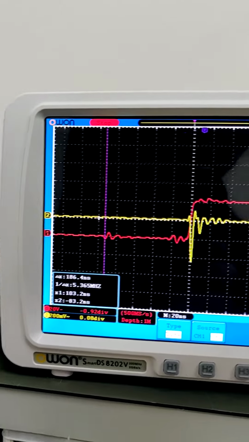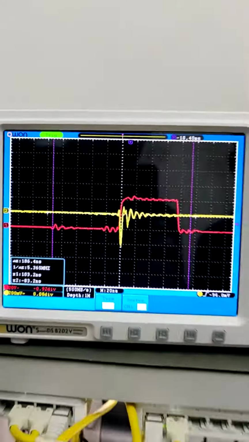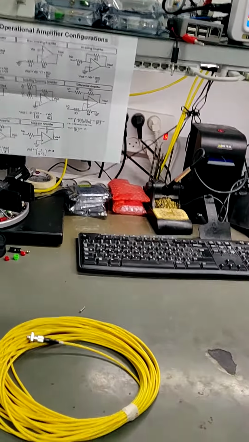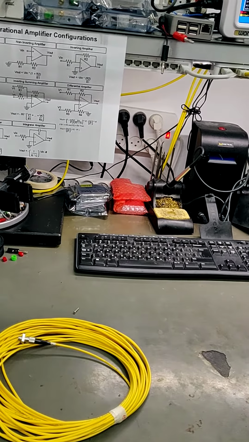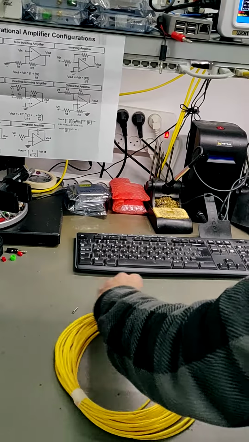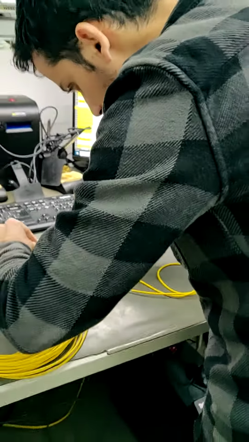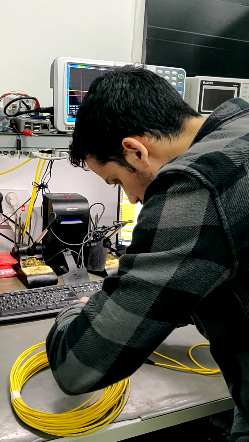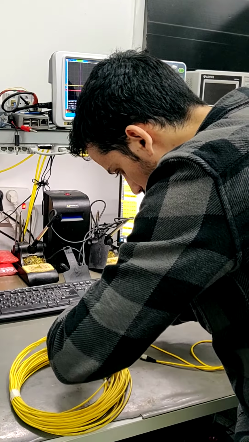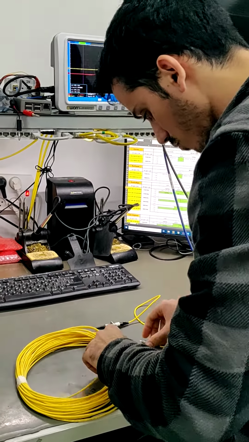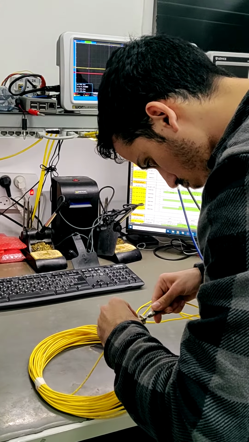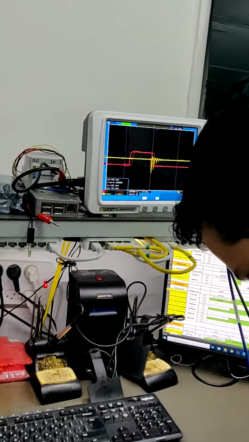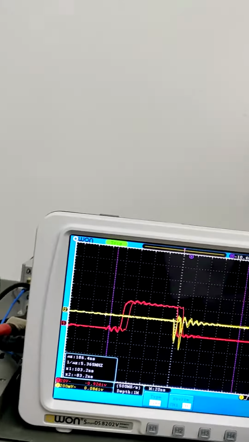Okay, so we will take it out of freeze mode, and Guy, please connect the 15.2 meter fiber to the delay line. Okay, so you see the signal came back.